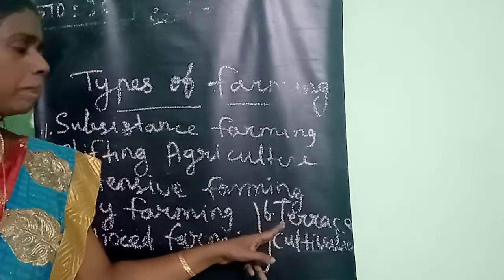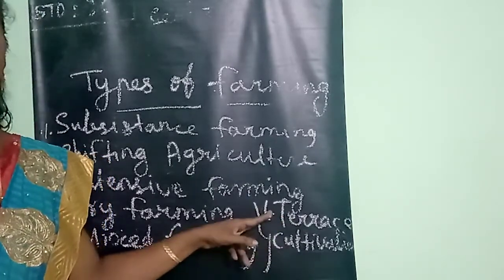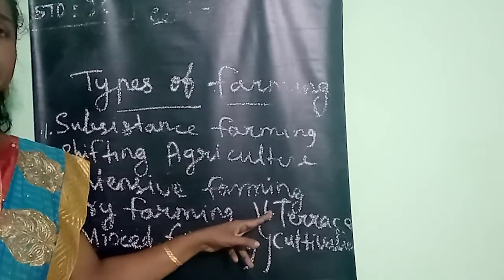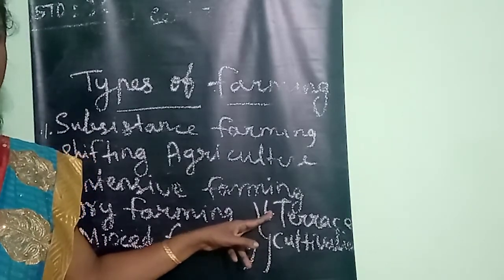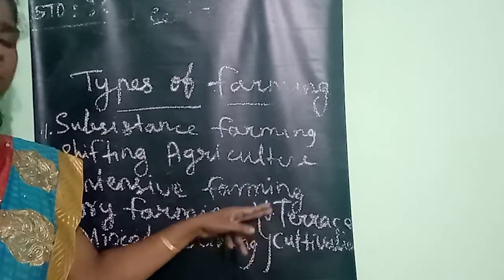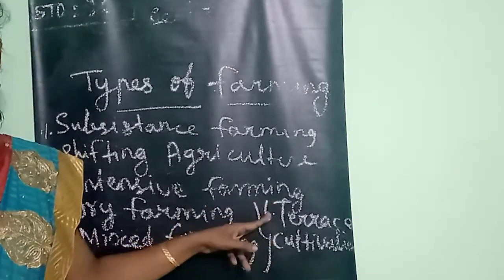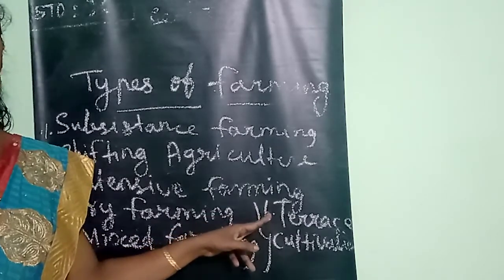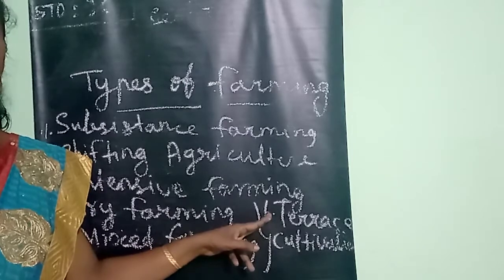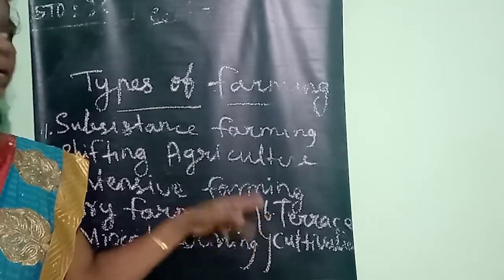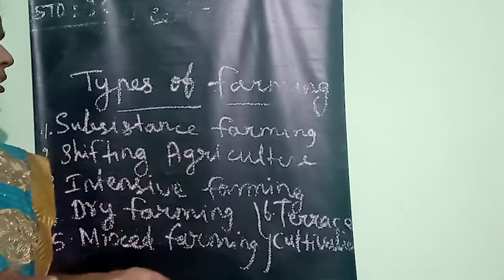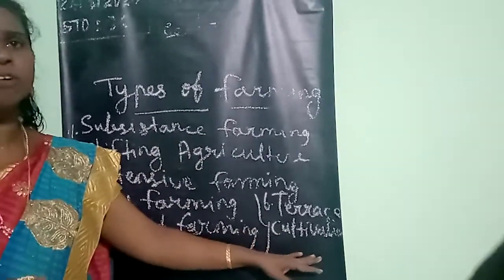They cut and form terraces in the mountain and hill areas, then permanently do agriculture there. Mostly in some mountainous areas, for example Meghalaya, Uttarakhand, Himachal Pradesh, Assam, and some parts of Jammu and Kashmir.